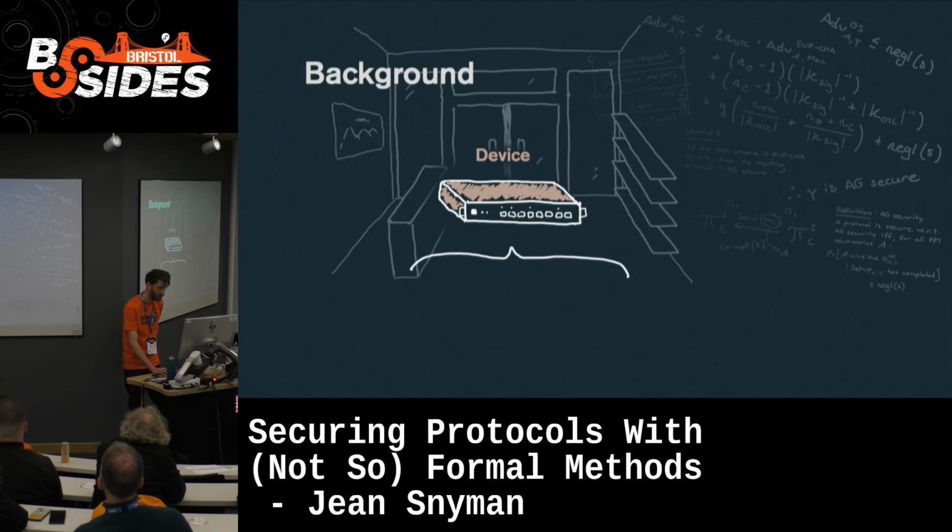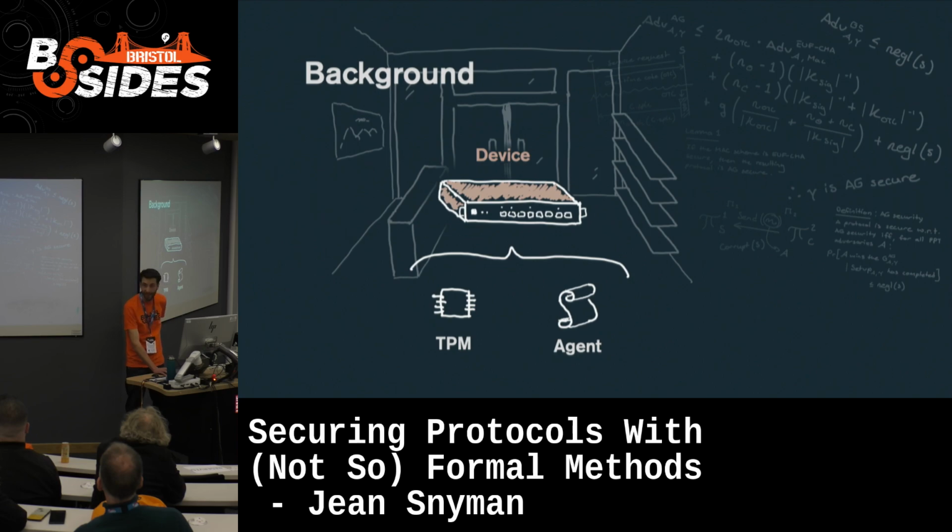This device contains inside it a TPM. If you don't know what a TPM is, it's basically a cryptographic processor. It does cryptographic operations, but more importantly, it has secure storage, or storage that is supposed to be prevented from tampering. So if you store a key in the TPM, you're pretty sure that it's not going to leak, hopefully. And the TPM receives measures of system state, and we'll talk more about that in a second.